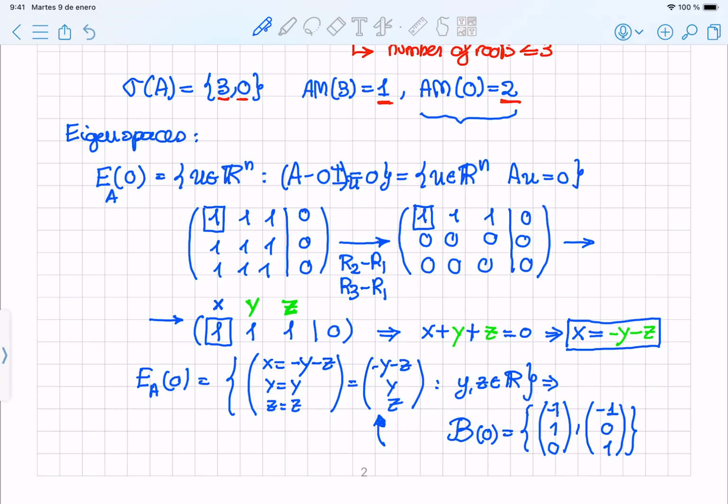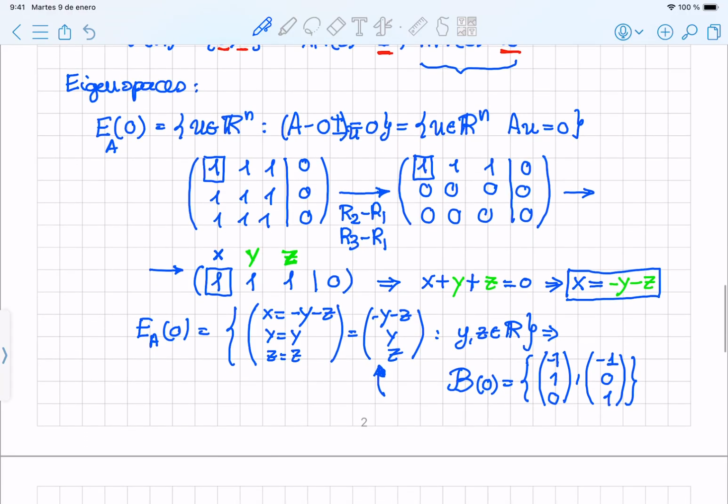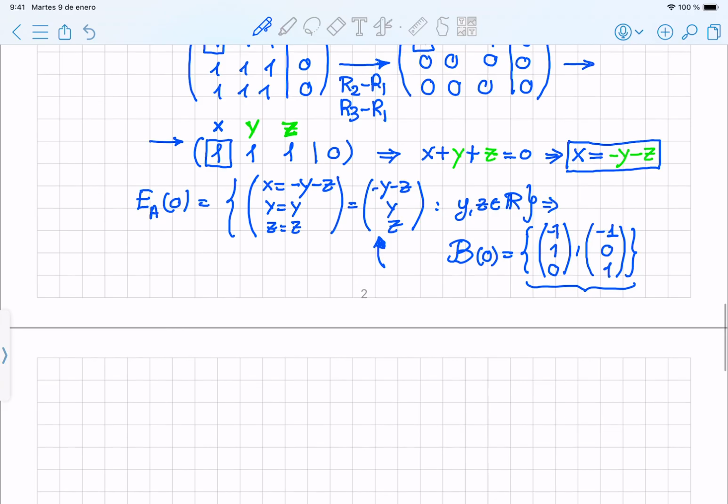We will be, let's say, more clear with this situation tomorrow, but for now, let us observe that it is very connected. The multiplicity of the number gives me the number of vectors that I hope to find. In this case, these two.